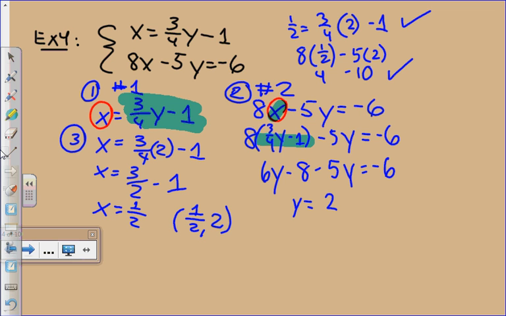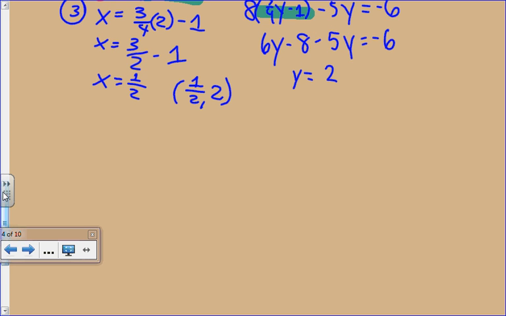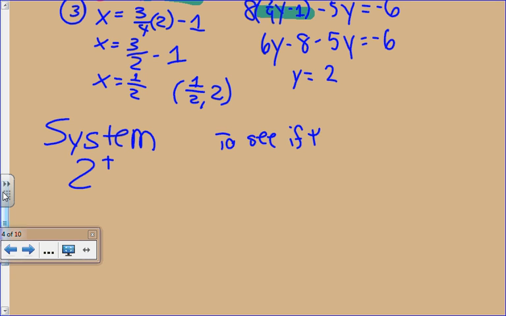Alright, so again, before we finish off here, let's remind ourselves, what's the whole goal of a system? How many lines or more? To see if they cross and have a solution. Sometimes they do have one solution. What do we call it?